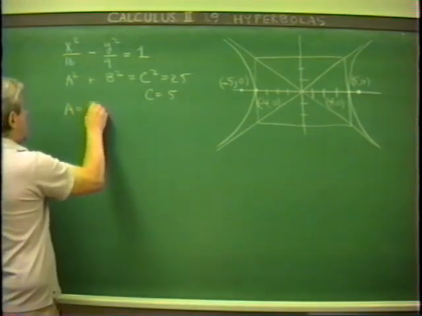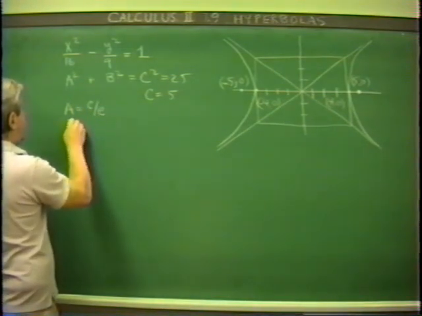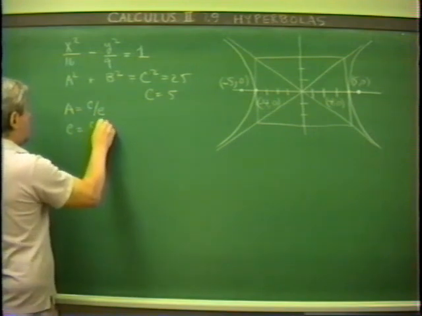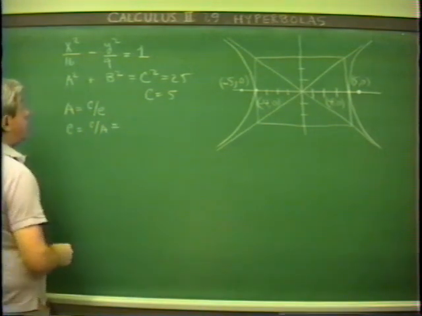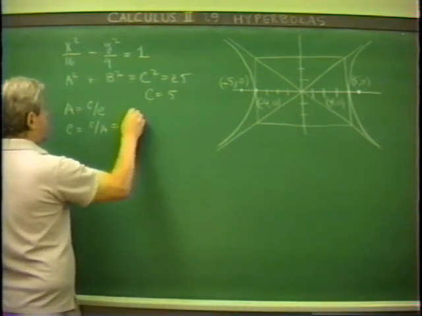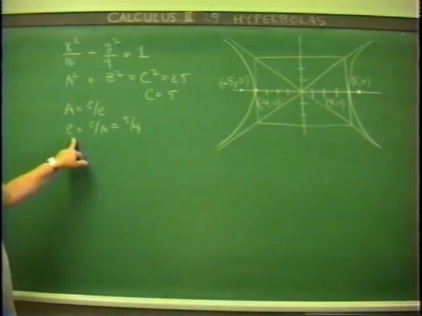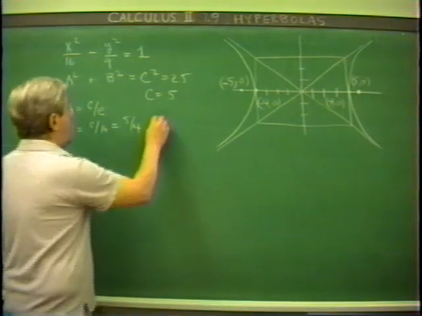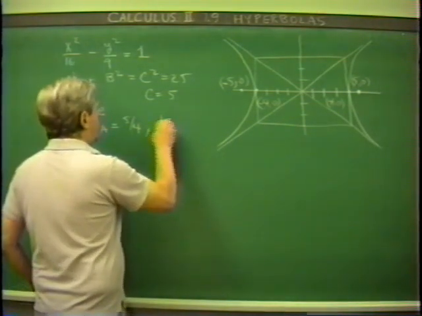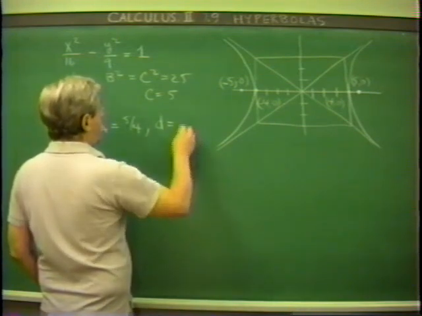All right, so we now have c. a is c over e, so that e is c over a, which is equal to 5/4. Good check here. This is larger than 1. This is the eccentricity of this particular hyperbola.